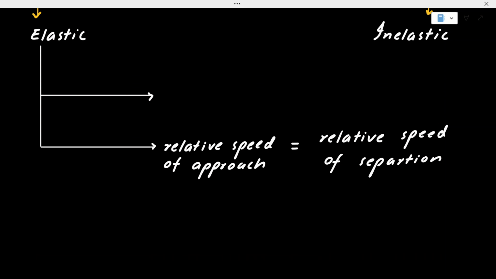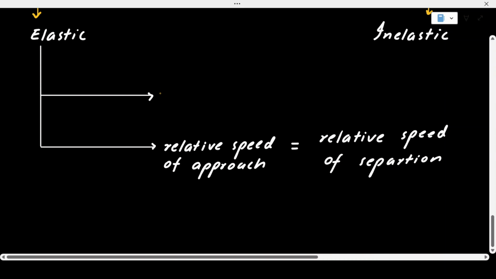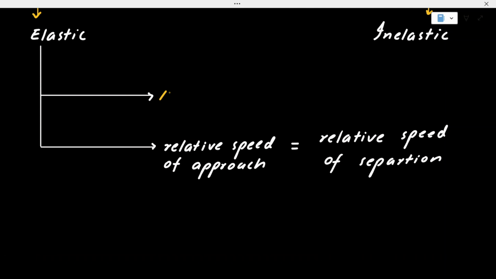There was another one. Kinetic energy before the collision equals the kinetic energy of all the objects after the collision.